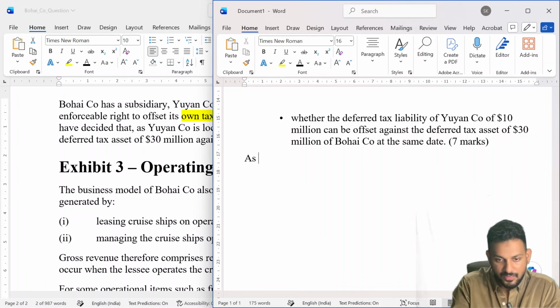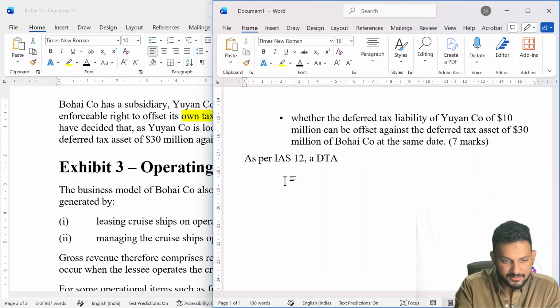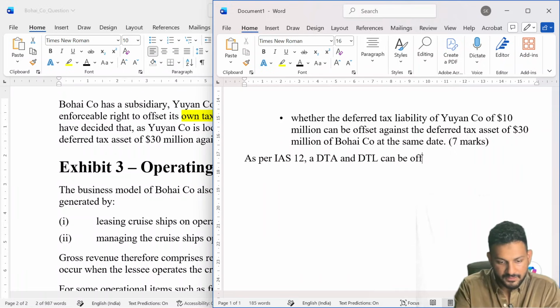As per IAS 12, a deferred tax asset and deferred tax liability can be offset only when two conditions are met.